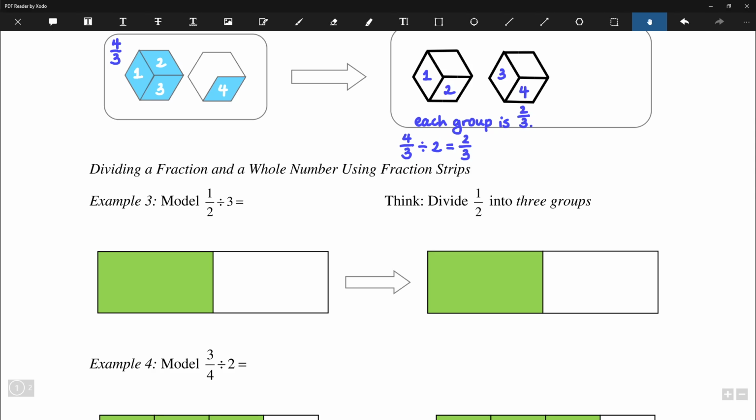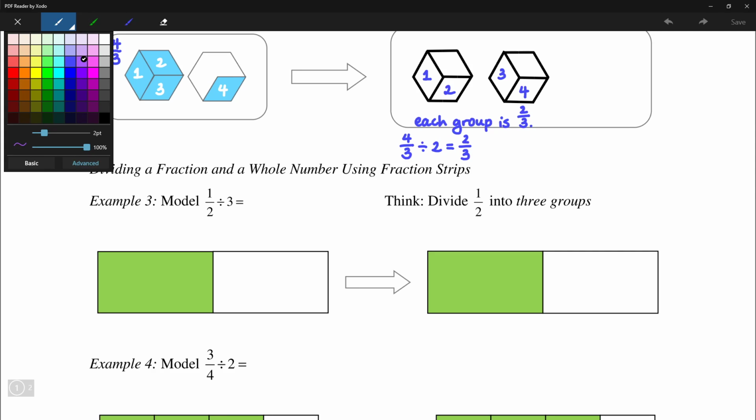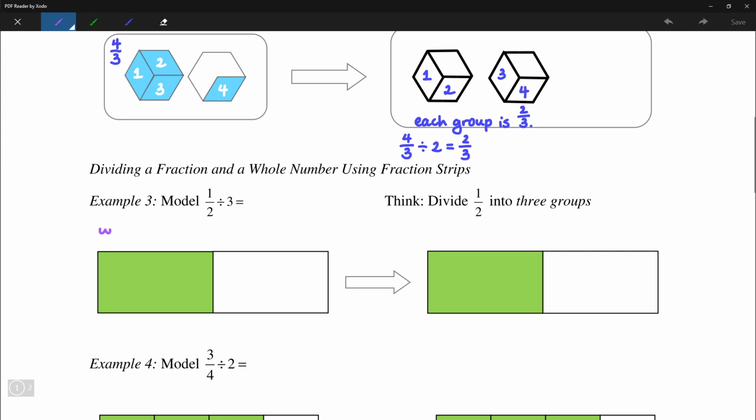So in example 3, we once again have 1/2 divided by 3. So on the diagram on the left, the entire rectangle is 1. And we have shaded in half of it, which represents 1/2.